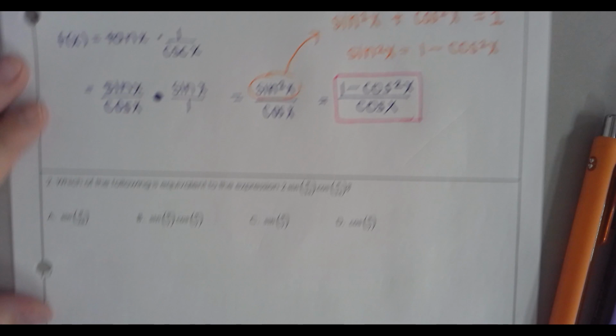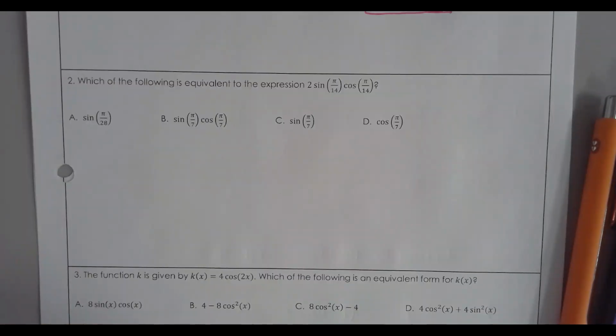Now, every time I've seen an example like number 2 where there are fractions in there, it's for difference identities, almost always. Or the double angle, it's one of those. So, which of the following is equivalent to this?